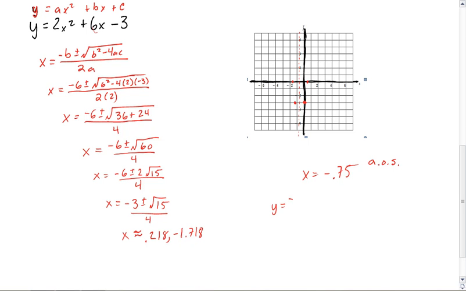So y equals 2 times negative 0.75 squared plus 6 times negative 0.75 and then minus 3. And we get negative 6.375. And so we can put our vertex at x equals negative 0.75 and the y value of negative 6.375, which will be somewhere down here, right there.